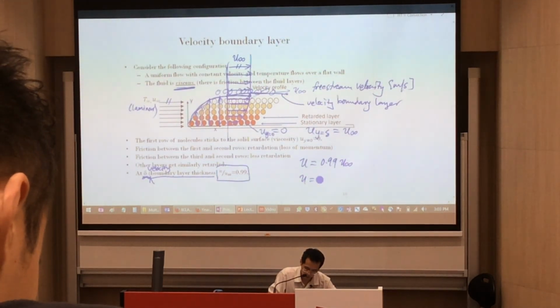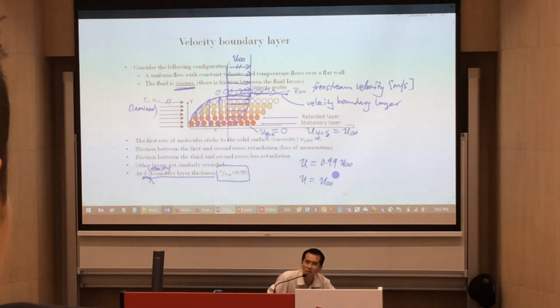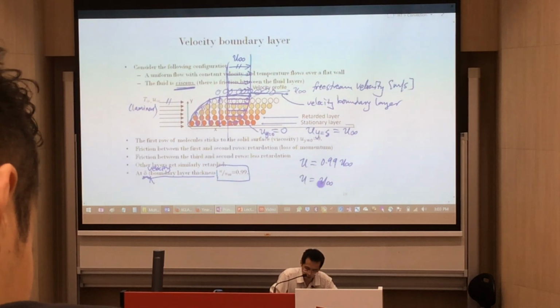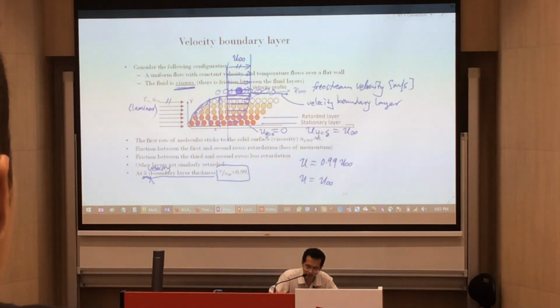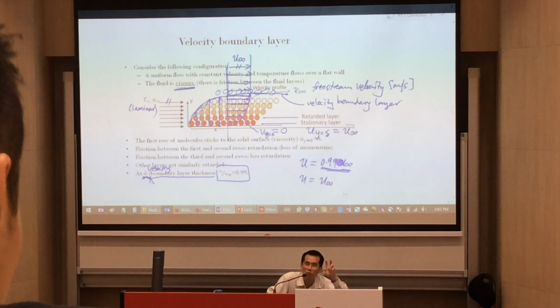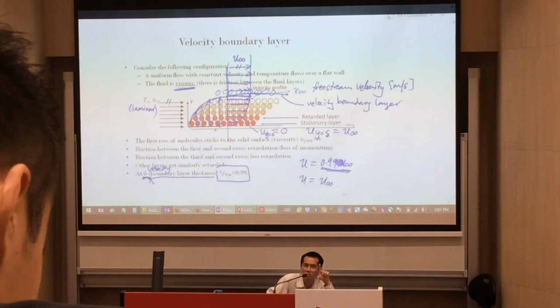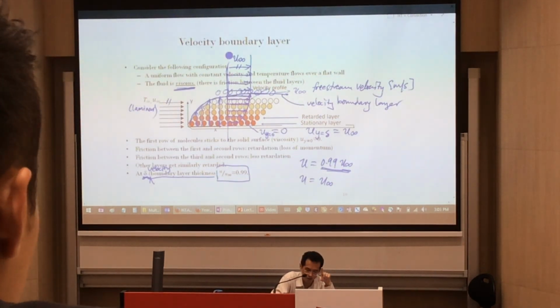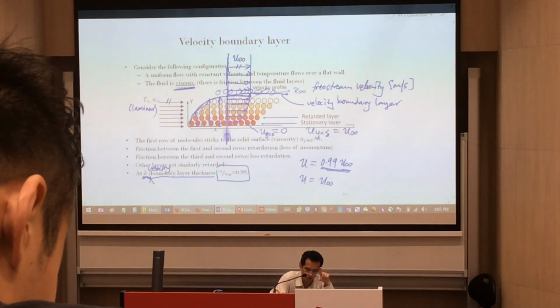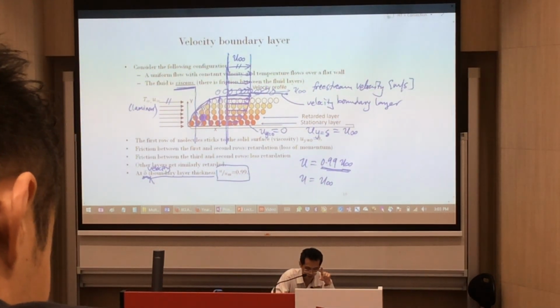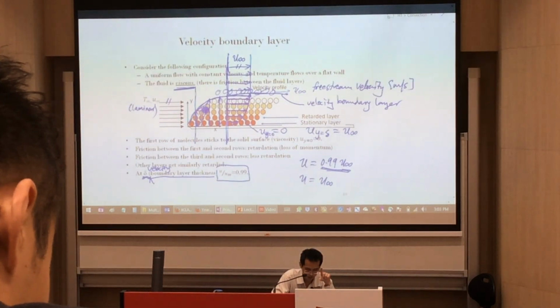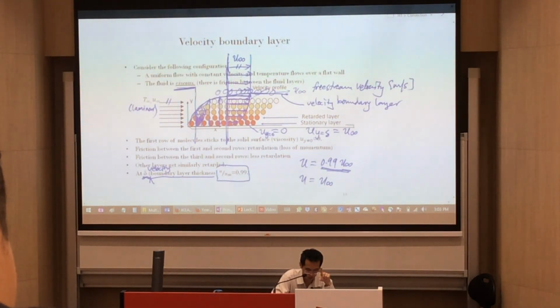Why don't we take u equal to u infinity? Well, that's because we want to consider that at 99% of u infinity, that's where I consider that is my boundary layer thickness at this slice over here. So if I have another slice over here, this will be my boundary layer. This is my velocity profile.